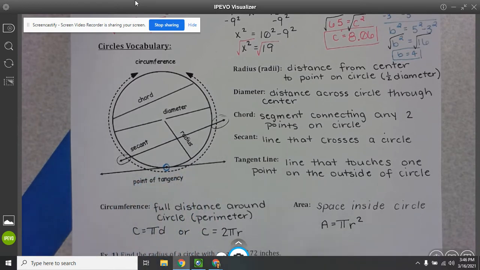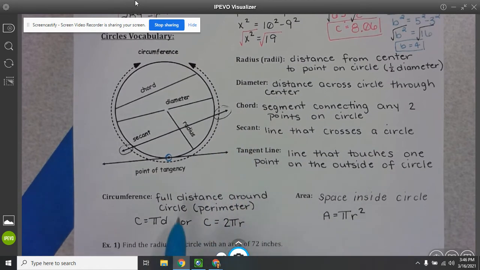We will experiment with those in a little bit. This does not have to be a line. A secant does have to be a line. And then just as a little reminder, circumference and area and the formulas are there for you. Circumference and perimeter are like the same thing, but circumference is specifically for a circle, perimeter is for any shape.